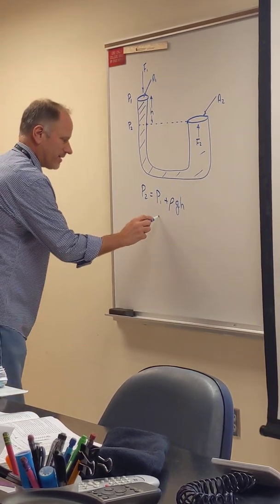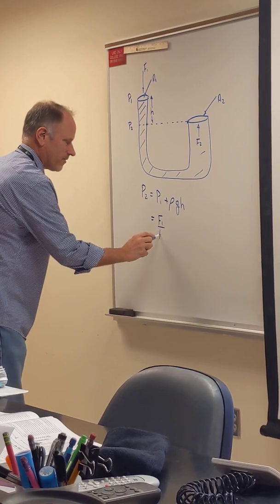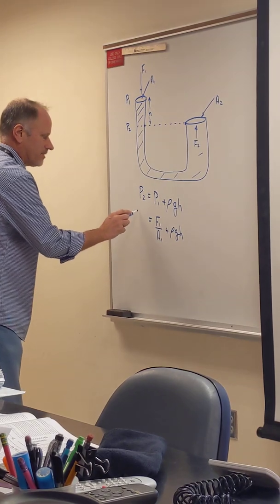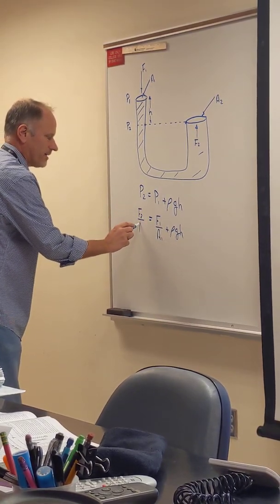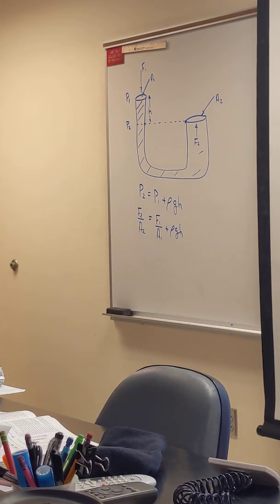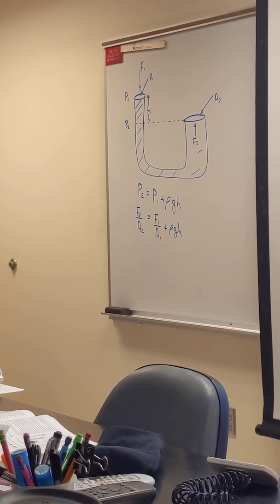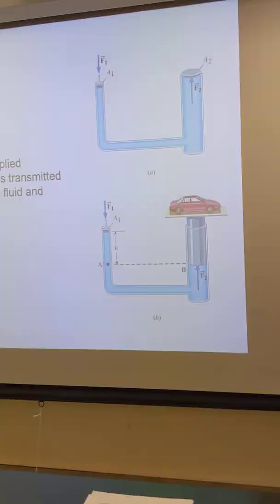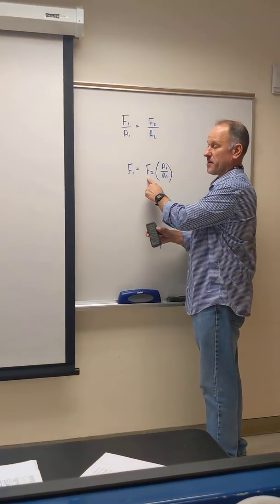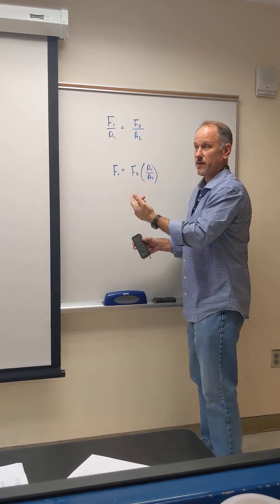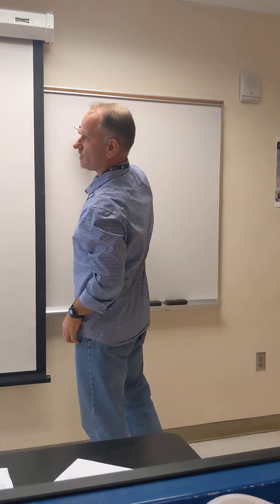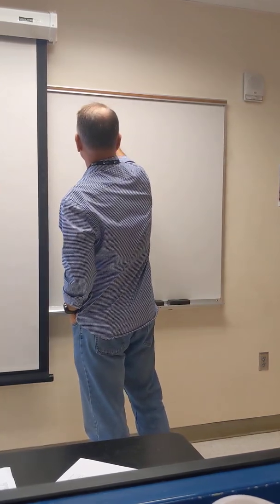So I could rewrite this as F1 over A1 plus rho GH, and this would be F2 over A2 as usual, right? So now if I want to solve this for how much input force I need to move the same car, let's figure out how to do that. So I'm doing more or less the same thing but with a slight adjustment, right?